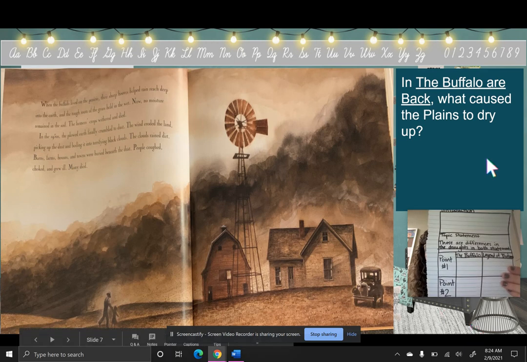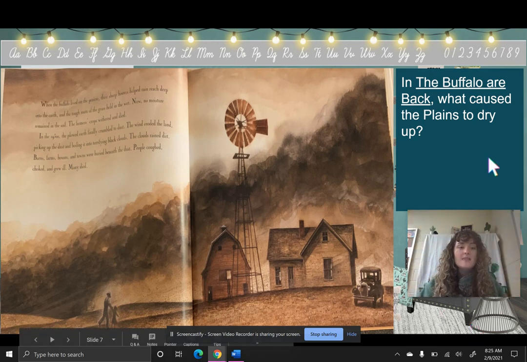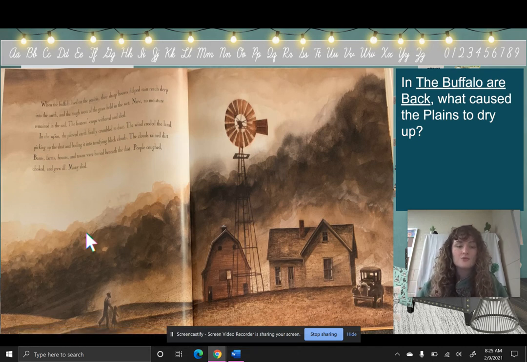All right, let's look at the Buffalo Are Back. So on this page, let's listen to what caused the plains to dry up. When the buffalo lived on the prairie, their sharp hooves helped rain reach deep into the earth, and the tough roots of the grass held in the wet. Now, no moisture remained in the soil.